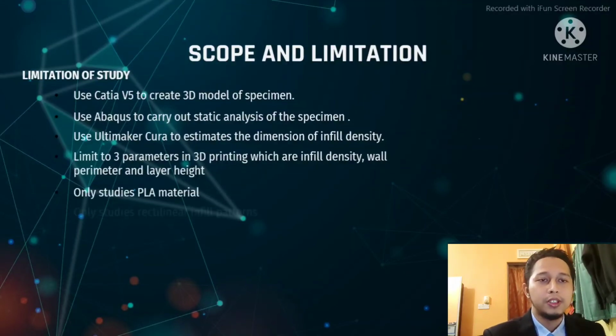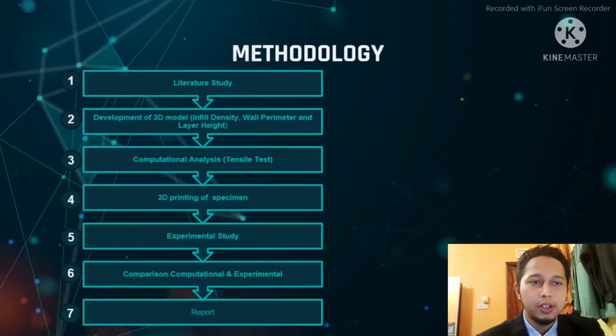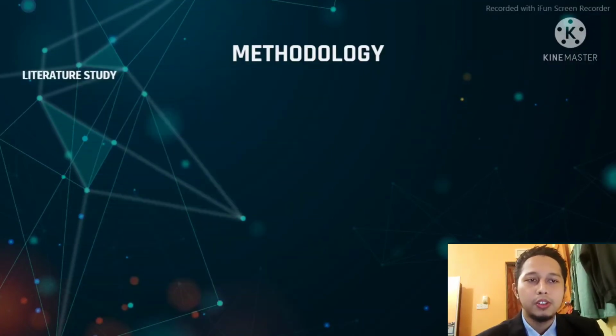For the methodology, there are 7 steps that need to be done in order to finish the overall project, starting from literature study up until the final step, which is the final report. In literature study, the theory behind the project will be studied. The Young's modulus of a material is an unchangeable fundamental feature of all materials.